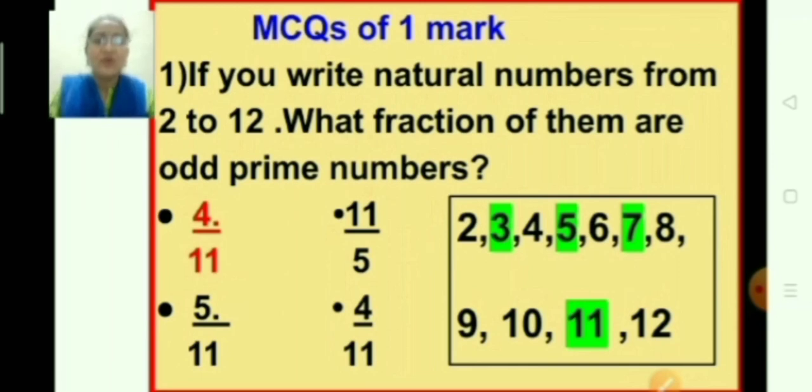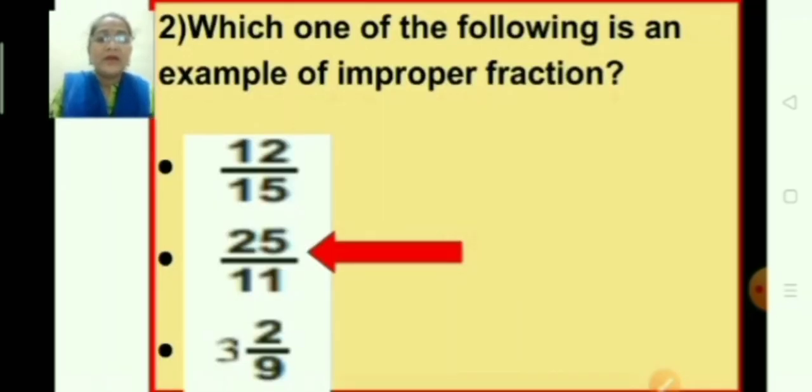So if you know this answer, you have to select the correct option and click on that option. Now let us move on to question number 2, that is, which one of the following is an example of an improper fraction? Children, as we discussed the definition of an improper fraction, what is the definition?